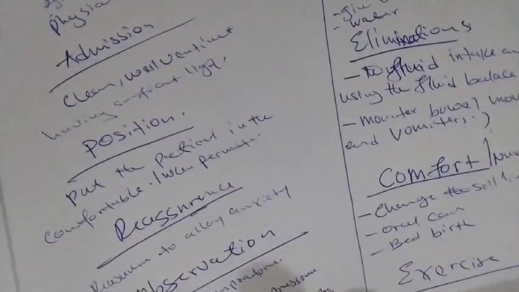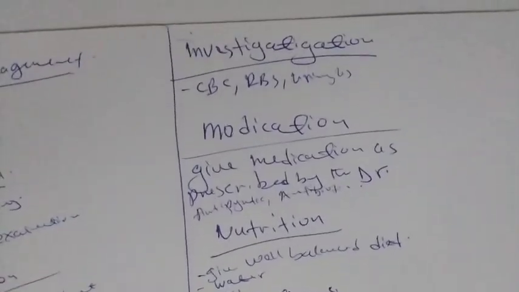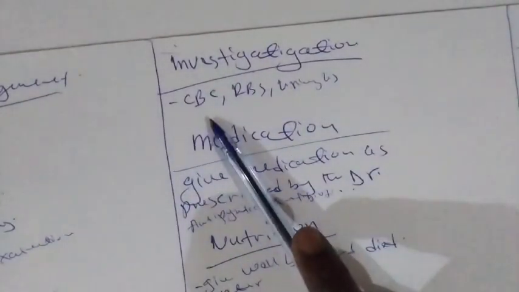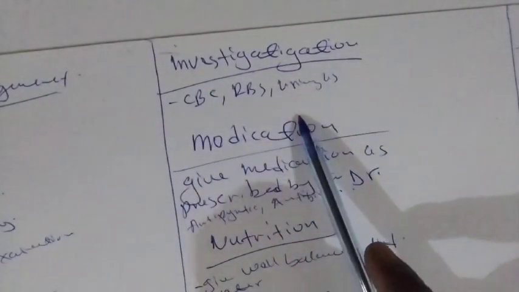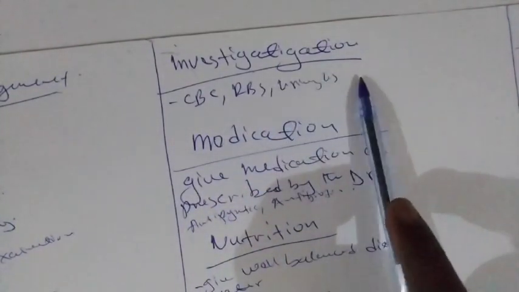And then we do our observation, that is temperature, blood pressure, pulse rate, respiration. That is vital signs. And then we do our investigation. Under investigation, we are going to do CBC, RBS, urinalysis according to the condition of the patient.